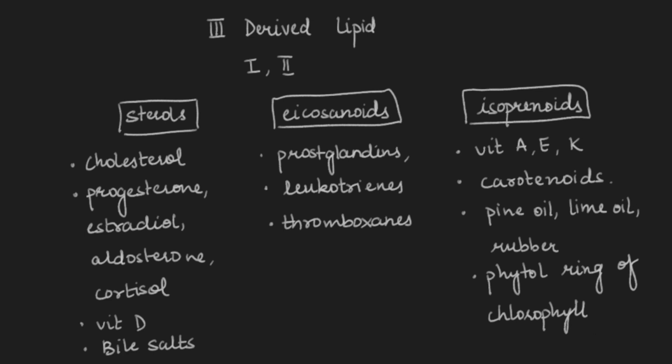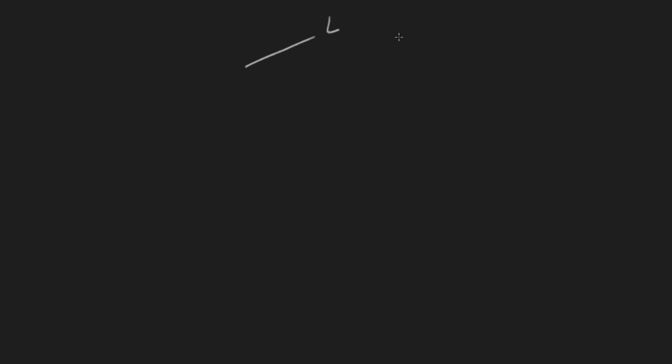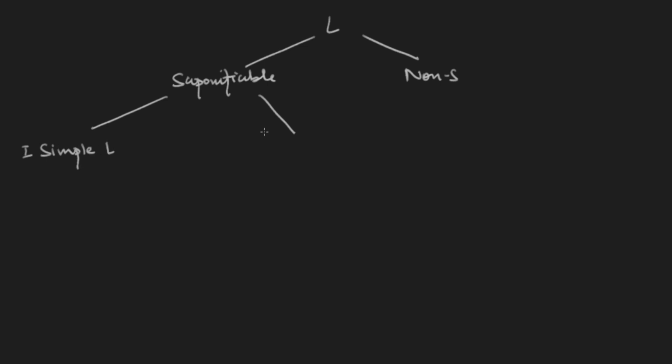Now, summing up the classification of lipids, we can say that lipids have two categories called saponifiable and non-saponifiable lipids. Saponifiable lipids further have two categories: simple lipids and compound or complex lipids.